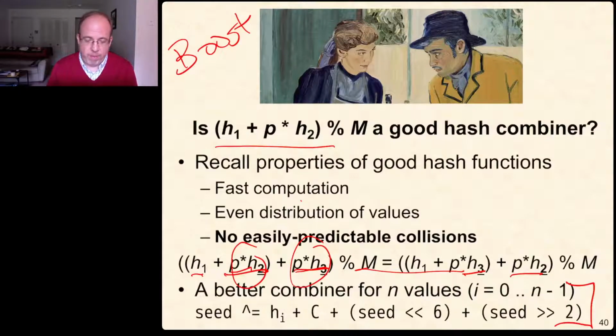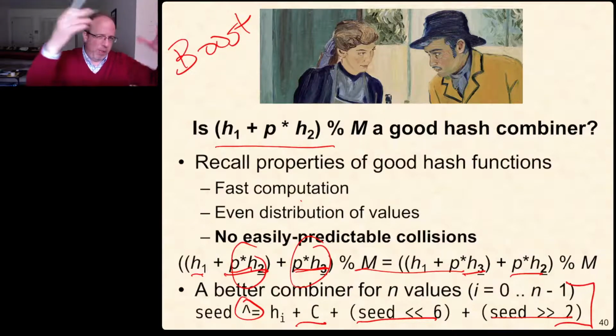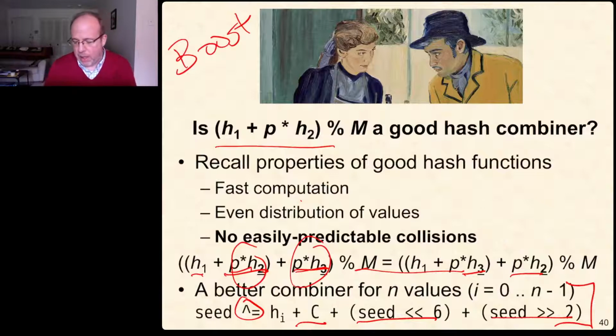This is an XOR, for those of you who have taken 270, or I think we also talk about this in 203. C is some interesting large prime number. This is bit shifting to take the prior value and spread its bits out and plug the next one in, you can think of, in the middle.